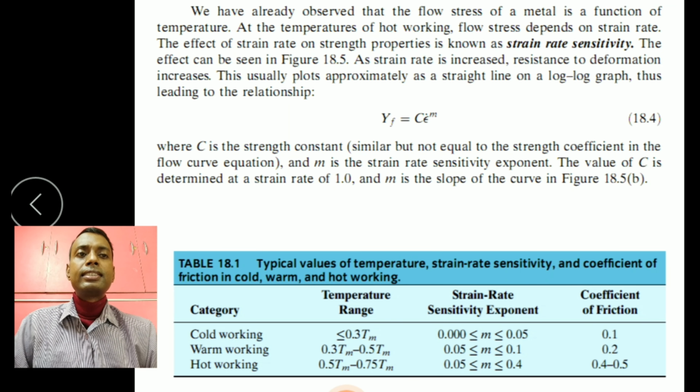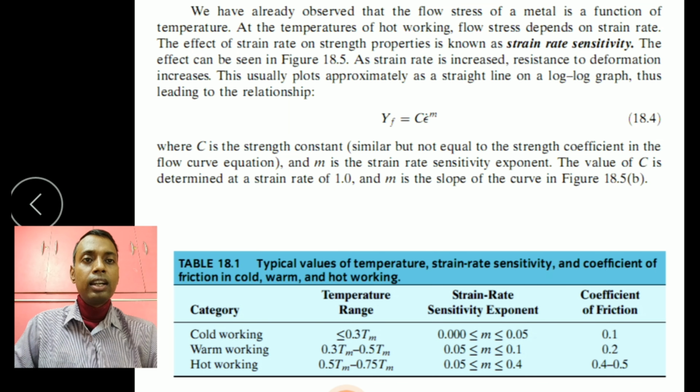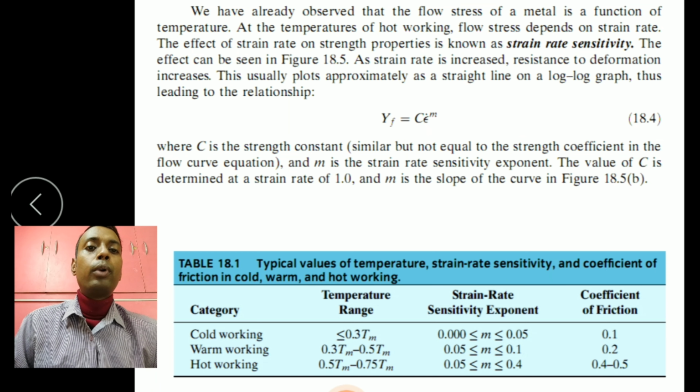Strain rate sensitivity. Using this plot, approximate the straight line on the log graph, YF equal to C epsilon dot to the power m. C is the strength constant and m is the strain rate sensitivity exponent.